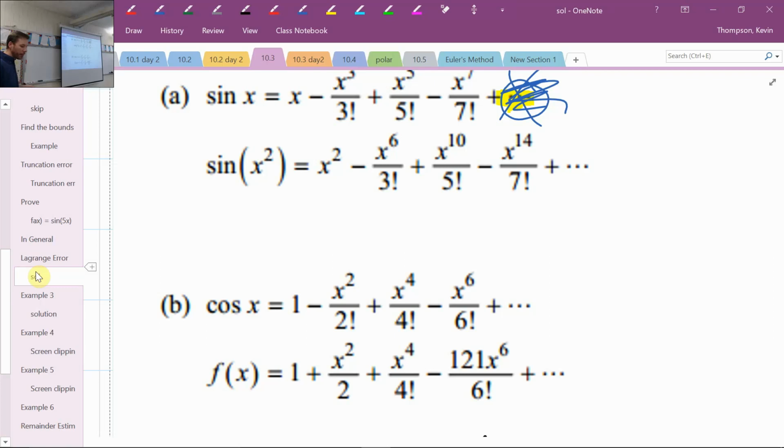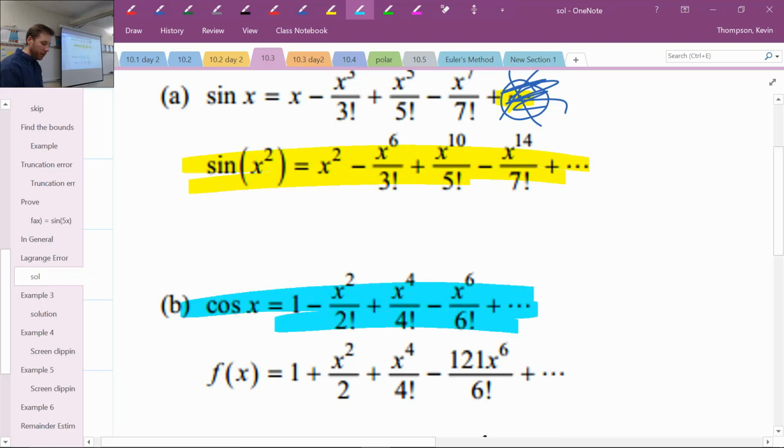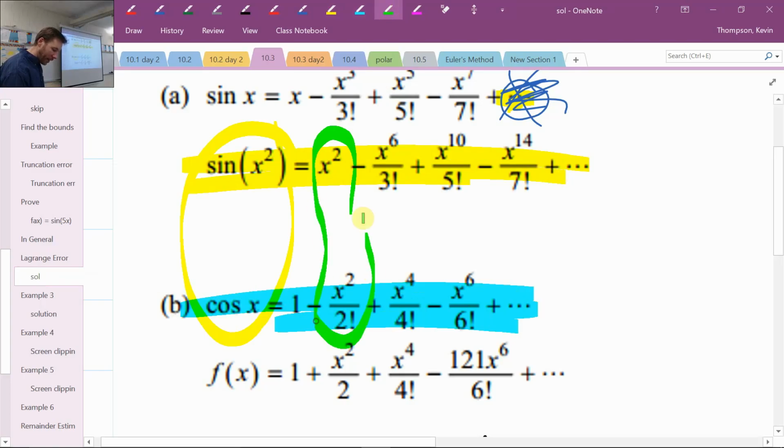So here's the big thought. If you can do this, think about just adding the two equations together, right? Add yellow to blue. So on this side, we'd get sine of x squared plus cosine of x. That's what we want, right? And then on this side, I have to add just like terms together.